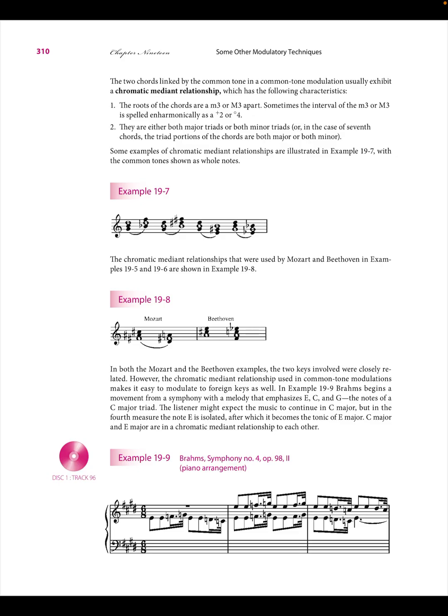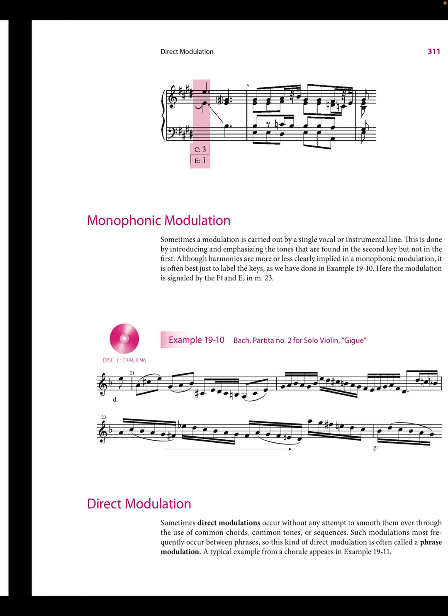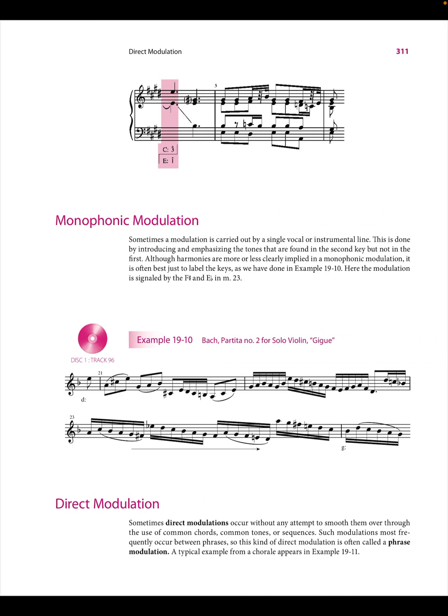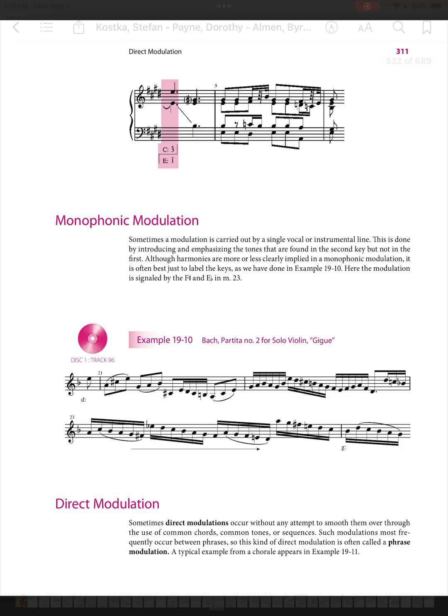Okay, and now back to this lesson. The chromatic mediant relationship is where the roots are a minor or major third apart. Sometimes the intervals are spelled enharmonically. They're either both major triads or both minor, or both major or minor in the 7th. Monophonic modulation. What the heck is this one? Mono means one. I learned this in previous classes.